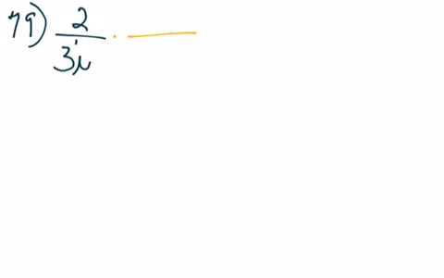If you look at number 79, you have 2 over 3I. A lot of students initially say, well, I can't do a conjugate of this. Yes, you can, because it has an I, so you can do the opposite sign on I, which is negative 3I. And we can multiply top and bottom by it because this is a big 1.